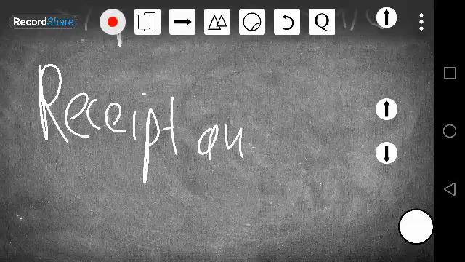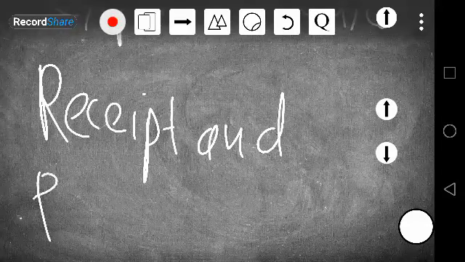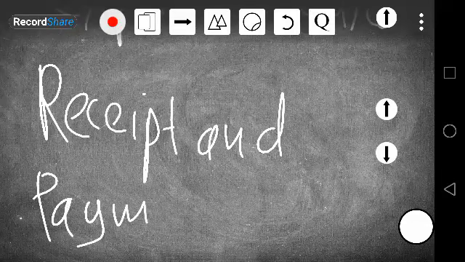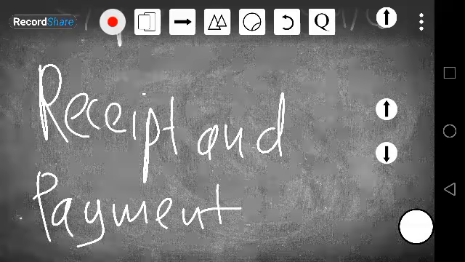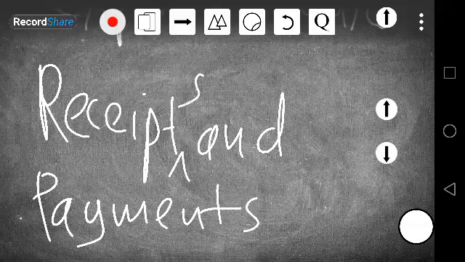So for the receipts and payments, you'd realize that receipts and payments accounts are simply a summary of the cash book for the period.